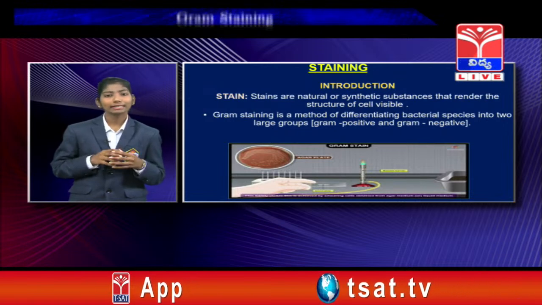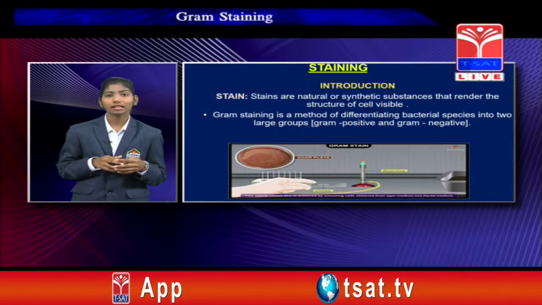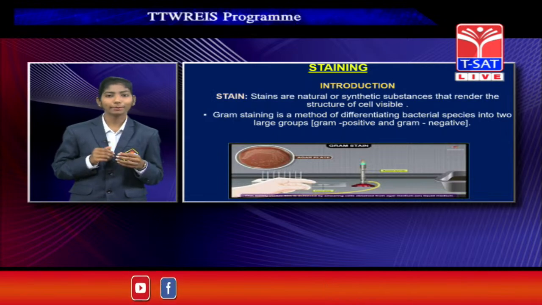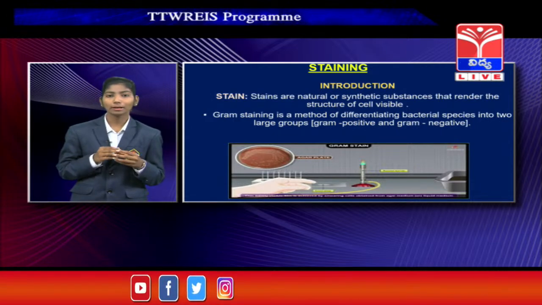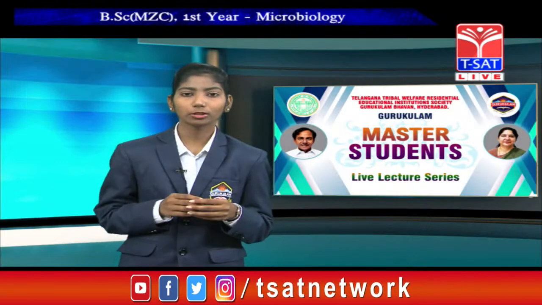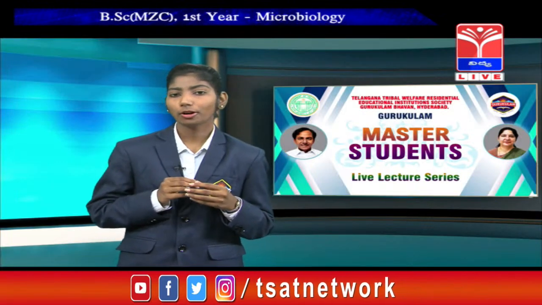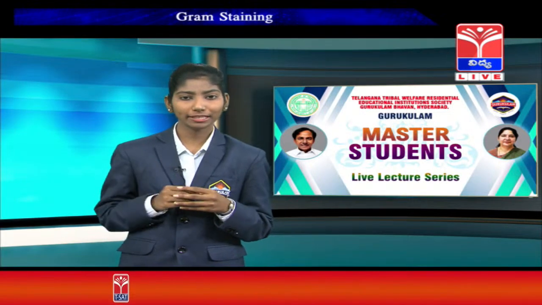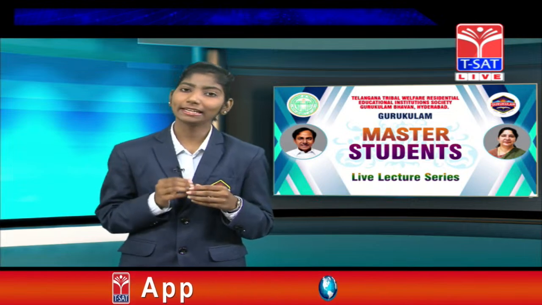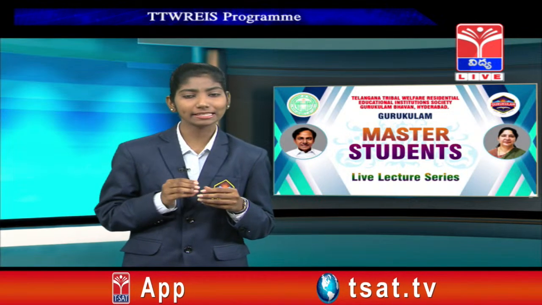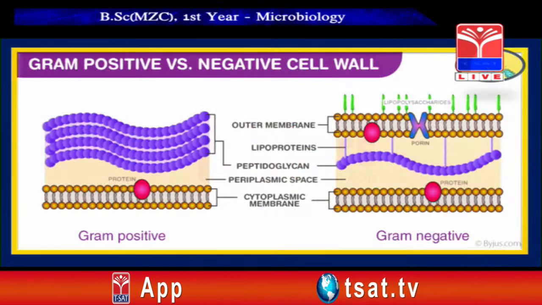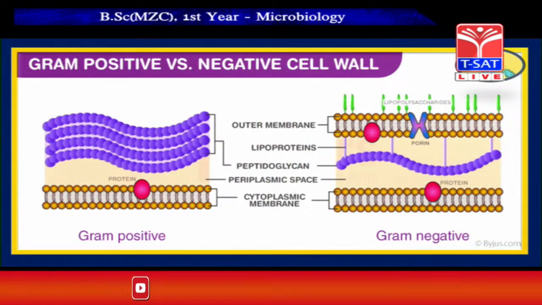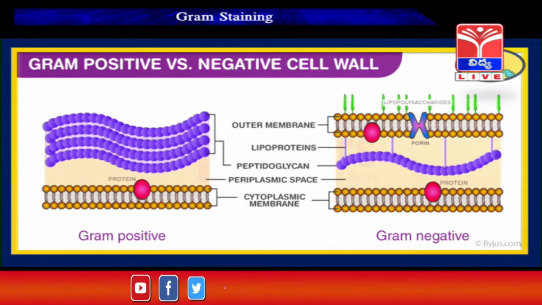In gram positive bacteria, 90% of the bacterial cell wall is made up of peptidoglycan layers. When we compare it to gram negative bacteria, only 10% of the bacterial cell wall is made up of peptidoglycan. So, what is peptidoglycan, friends?